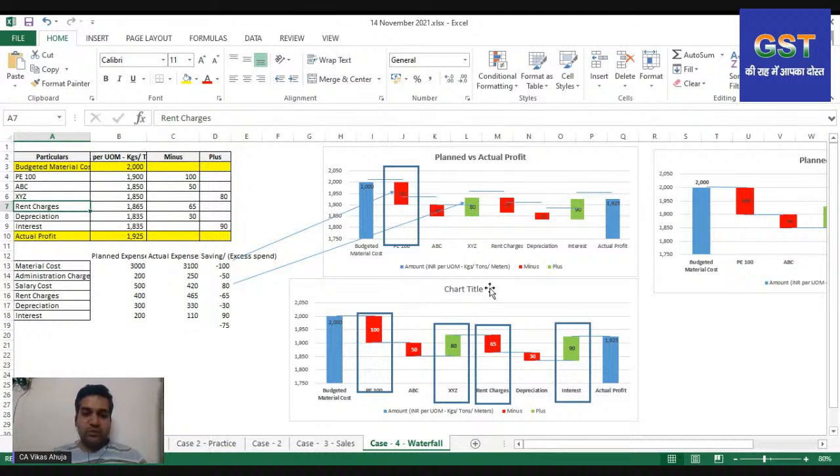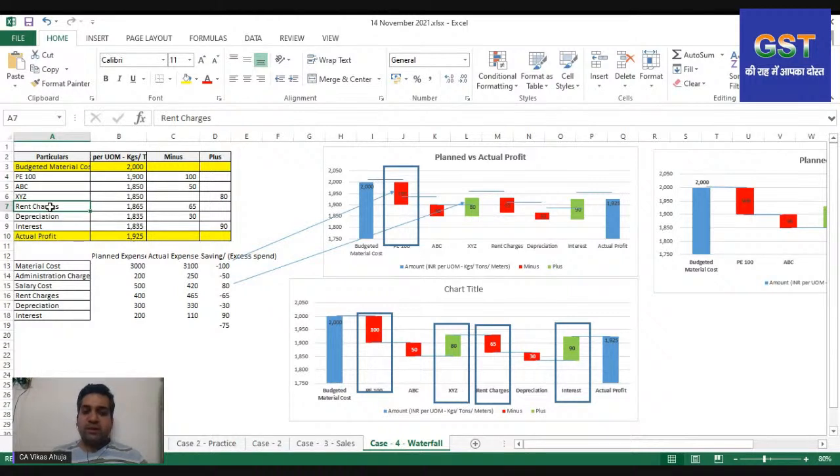So this can be done to show, because of PE 100, how much money did I lose? 100 rupees I lost because the cost that I had to pay for PE 100 was more than the budgeted price. ABC material cost me 50 rupees more because that was more than the budget price. XYZ saved me 80 rupees per kg because its price had come down.